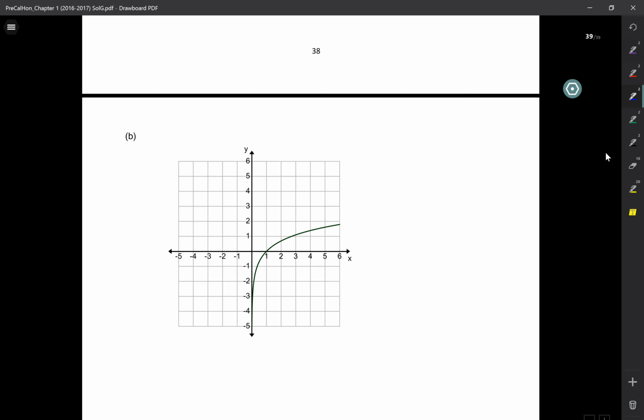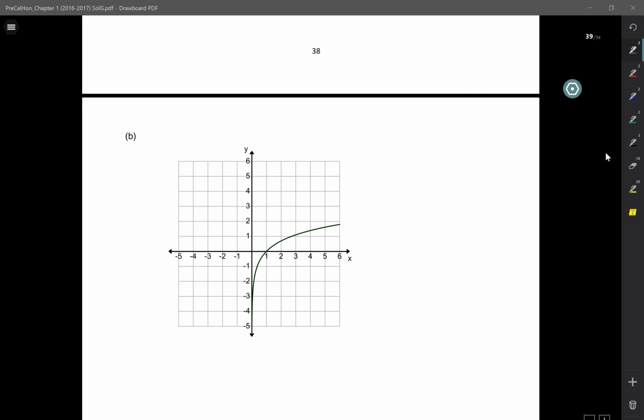Here we go, same situation. Let's pick some representative points. So here I have 1 comma 0. And let's pick another one here. All right, so it looks like this is x equals 3, y equals 1.1 or so.